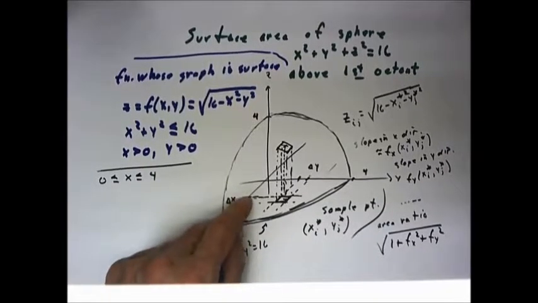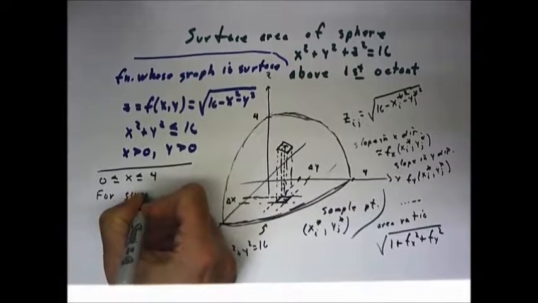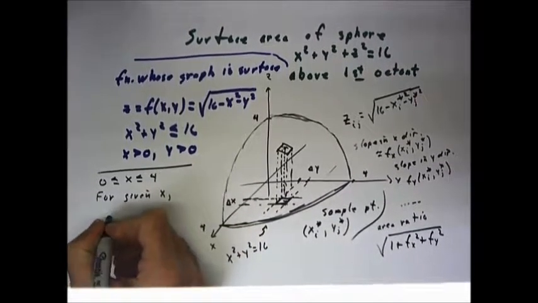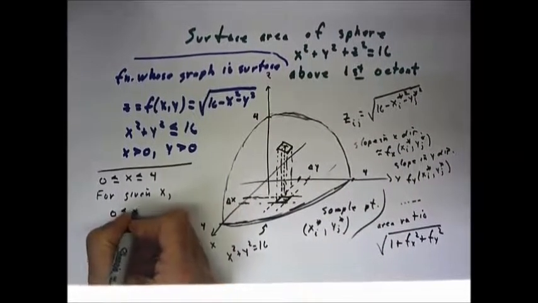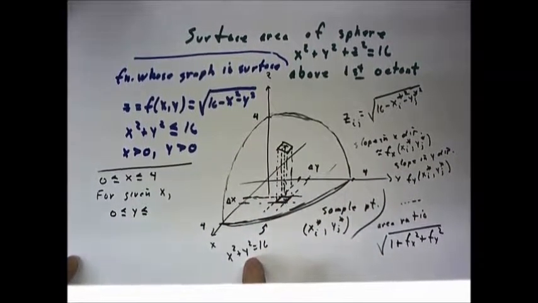For a given value of x, then, y will run from 0 out to this curve, the y value being square root of 16 minus x squared.